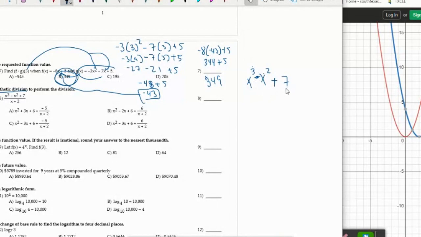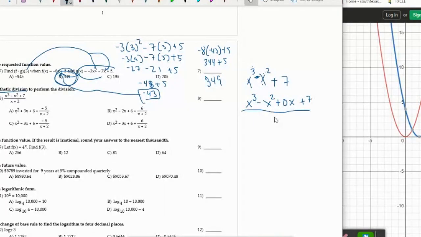Why should I have 4 terms? Because you're supposed to have x to the 3, x to the 2, x, and then a number by itself. It always goes like that. In this case, I don't, so I have to rewrite this. I plug in a plus 0. Very important that we keep that step.